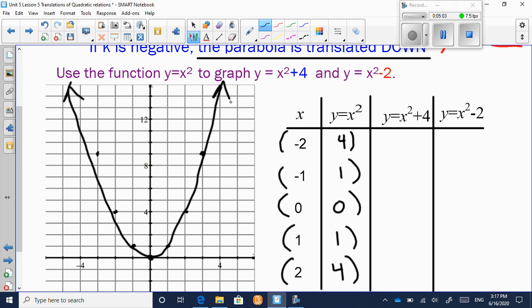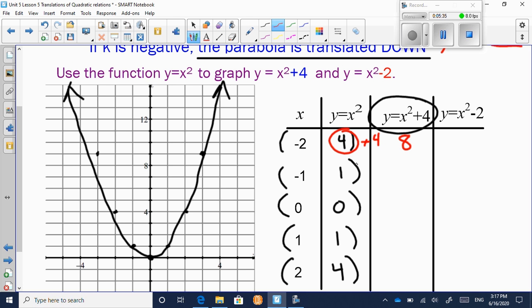Interestingly, if we do x squared plus 4, the 4 is going to change the y value. So watch this. I'm going to do a different color here. Basically, you're going to take the y value and add 4 to it. So it becomes 8. Sure enough, if I put the negative 2 squared in there, it becomes positive 4 plus 4 is 8.